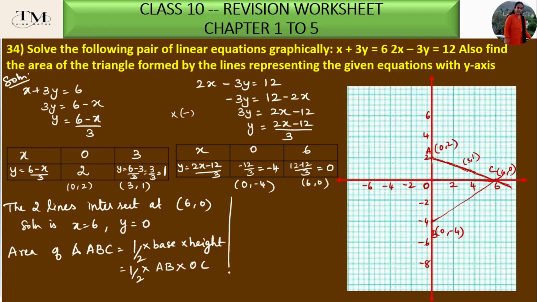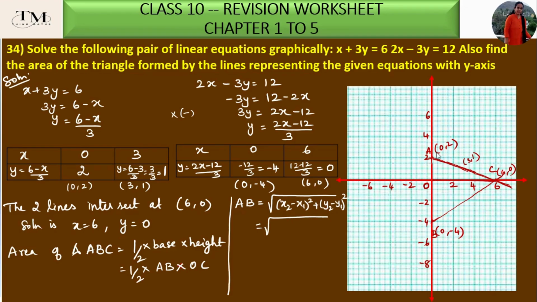Then we have to find the distance AB and the distance OC. We have to use the distance formula to find AB and OC. What is AB? The distance formula is the square root of x2 minus x1 whole square plus y2 minus y1 whole square. That is AB.